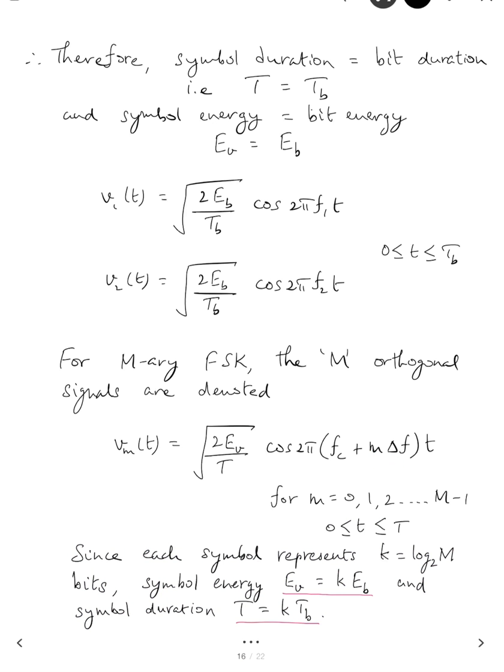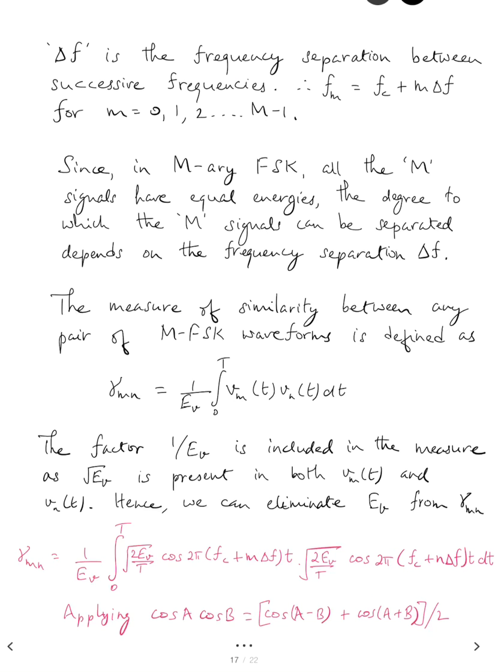So when m is 0, it is simply fc t. When m is 1, it is fc plus 1 delta f, t. When m is 2, it is fc plus 2 delta f, t, and so on and so forth. So frequency number m is basically cosine 2 pi (fc plus m times delta f) t, and the Vn of t term is fc plus n times delta f, t, right?